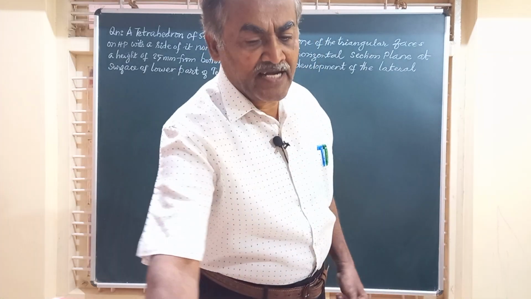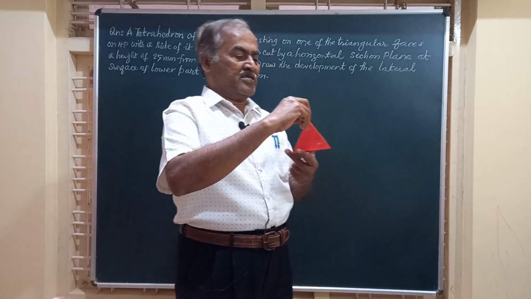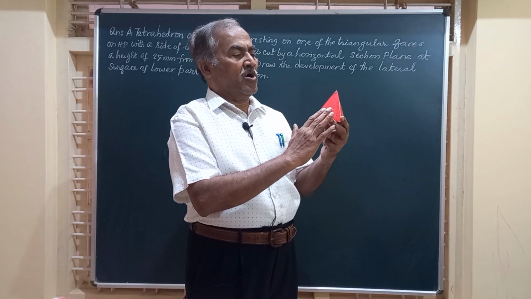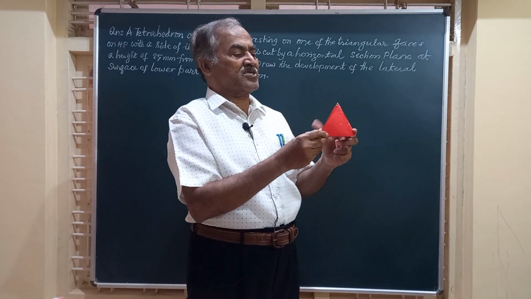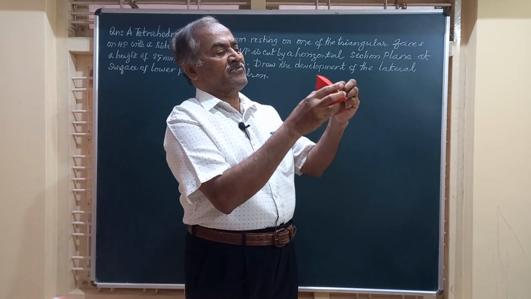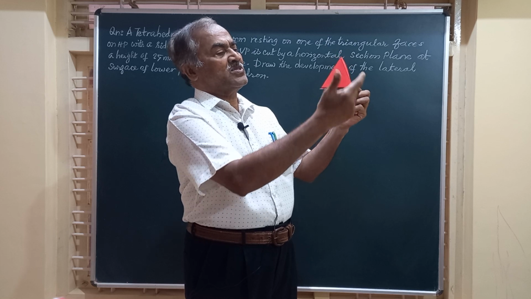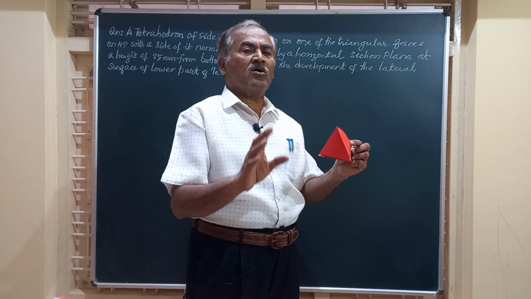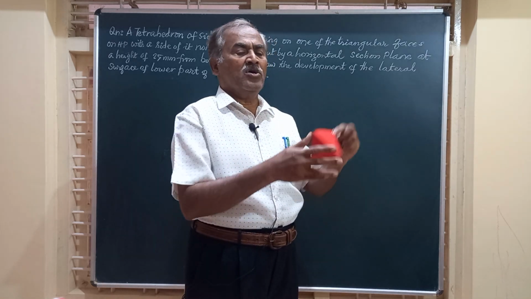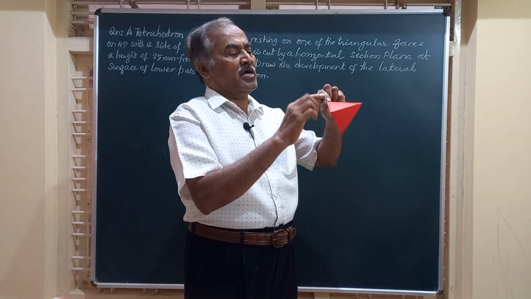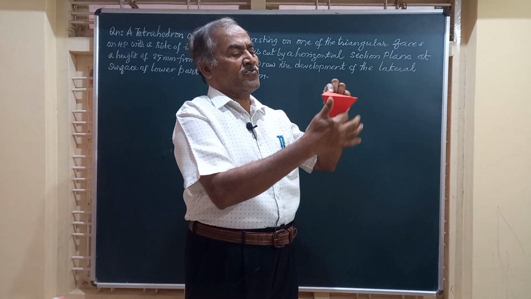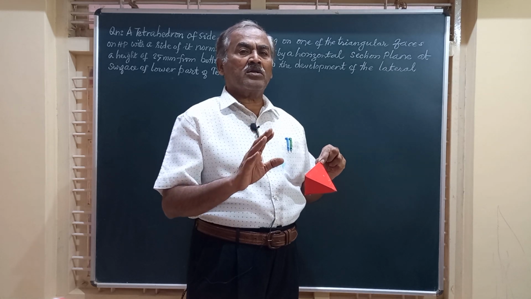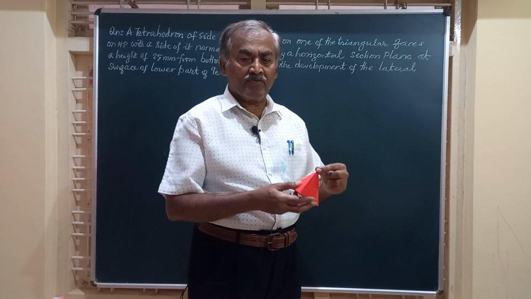Friends, a tetrahedron is a triangular pyramid in which all the four surfaces, that is 1, 2, 3, and 4, are all triangles, and they are all equilateral triangles. And all these edges, 1, 2, 3, 4, 5, 6 edges of the tetrahedron are equal in measurement.